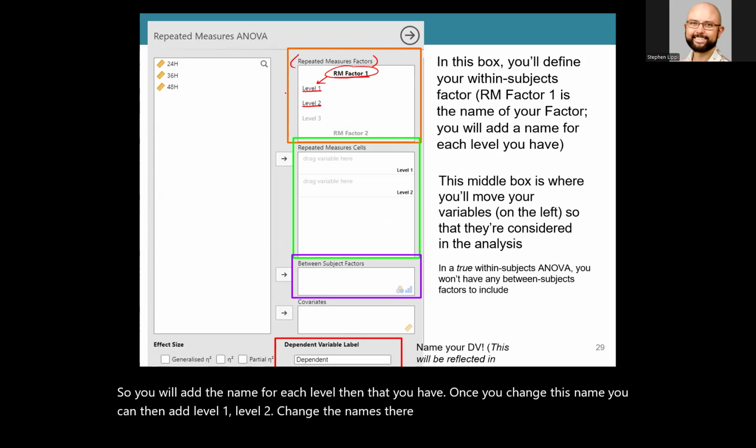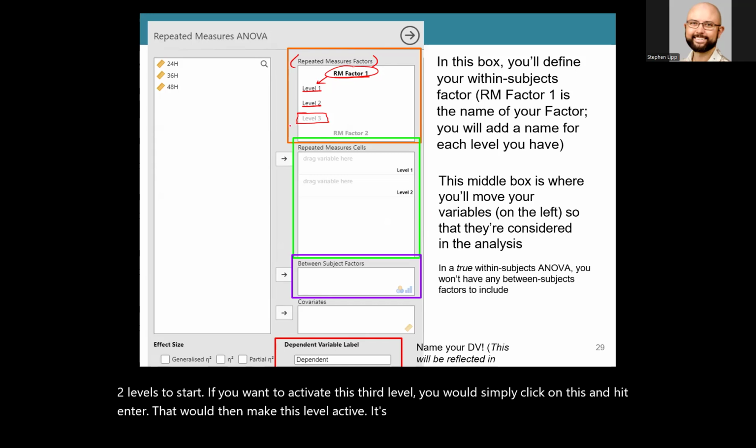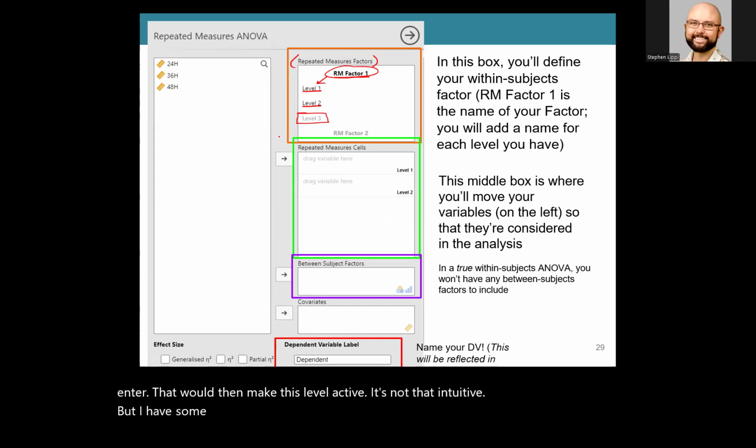Now, by default, Jamovi only gives you 2 levels to start. If you want to activate this 3rd level, you would simply click on this and hit enter. That would then make this level active. It's not that intuitive, but I have some additional tutorial videos that will help explain that.